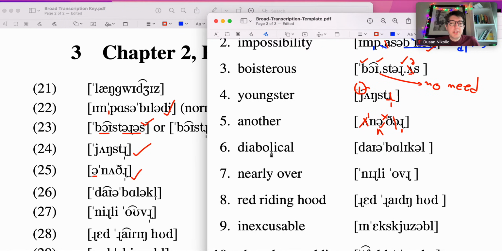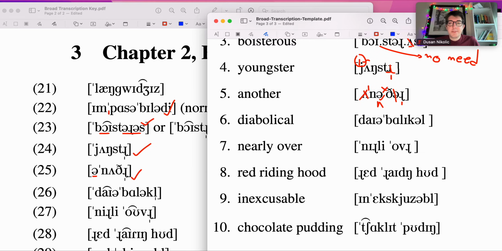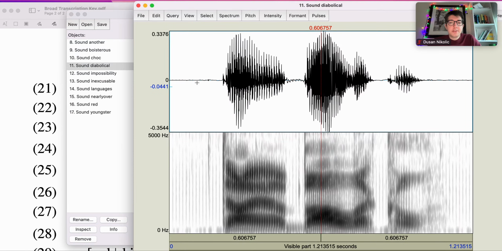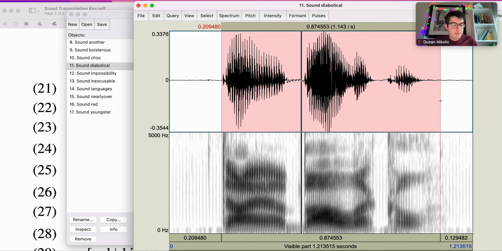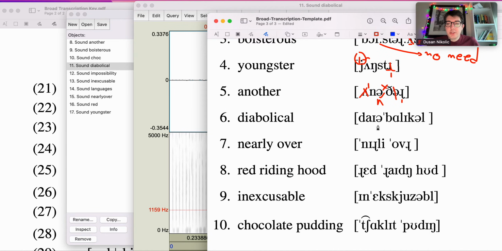No, this is good. The next one is diabolical. Okay, where am I? Yeah, here I am. Diabolical. So much going on here, but that's clear. So this is okay.